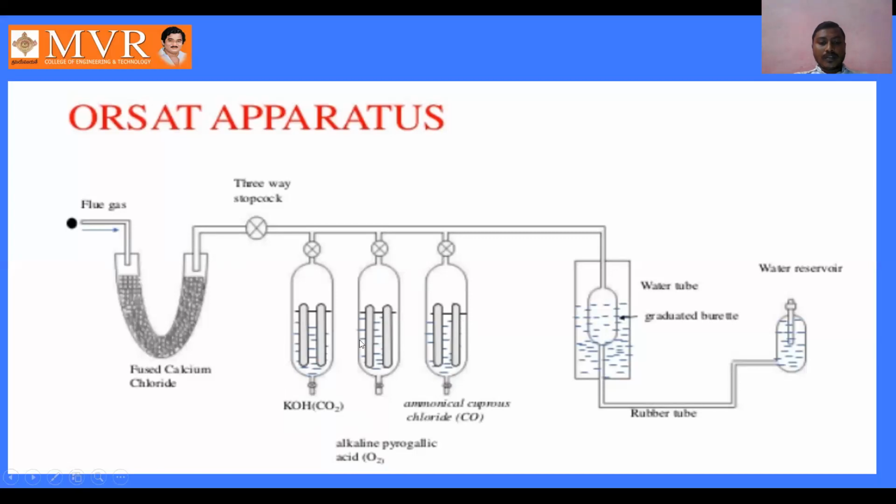In this bulb we have alkaline pyrogallic acid, in this one potassium hydroxide KOH, and in the third bulb we have ammoniacal cuprous chloride. See here, this graduated burette is connected to this three-way stopcock, this three-way stopcock is connected to the U-tube, and the other end of the graduated burette is connected to the water reservoir by using this rubber tube.